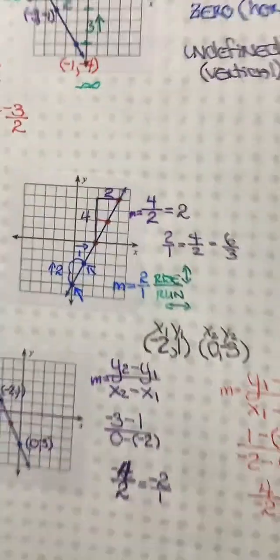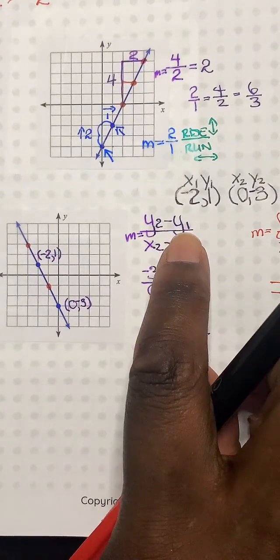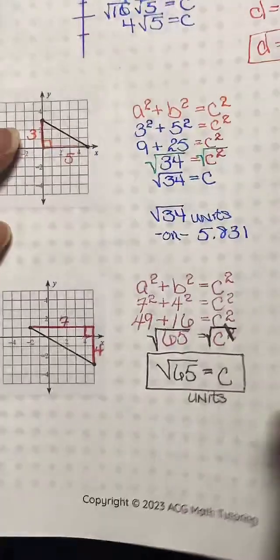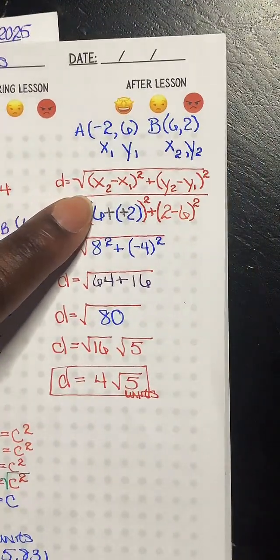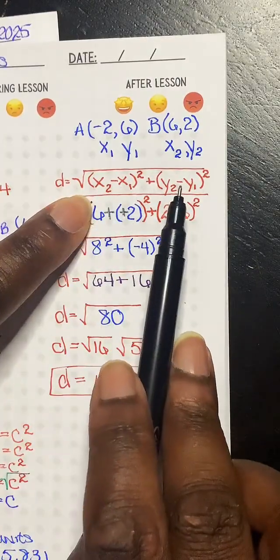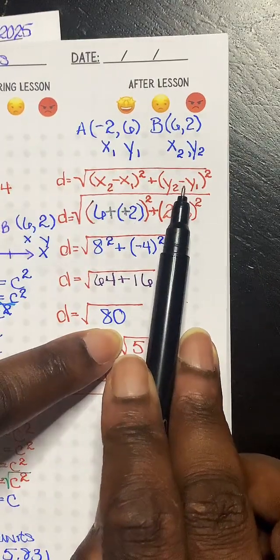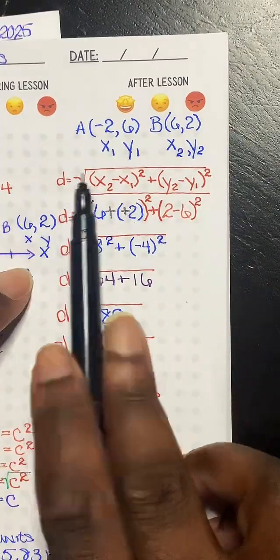It's so much easier. We looked at a formula, which is y2 minus y1 over x2 minus x1. That's the same thing that was going on with the distance formula, but we were squaring it. So we were looking at the change of our y's squared plus the change of our x's squared and taking the square root.